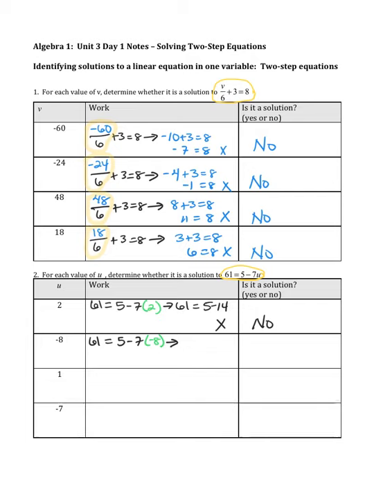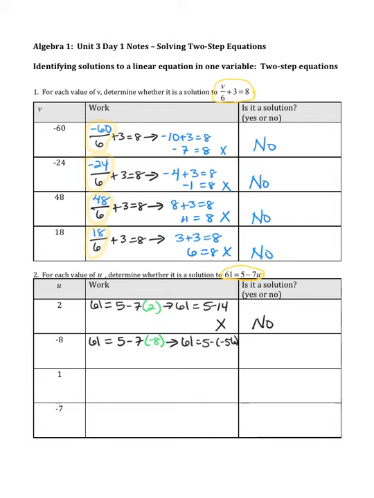So now, let's see what we have. 61 equals 5 minus negative 56, because 7 times negative 8 is negative 56. So you have 5 minus negative 56. And remember what you do when you have two negatives together.